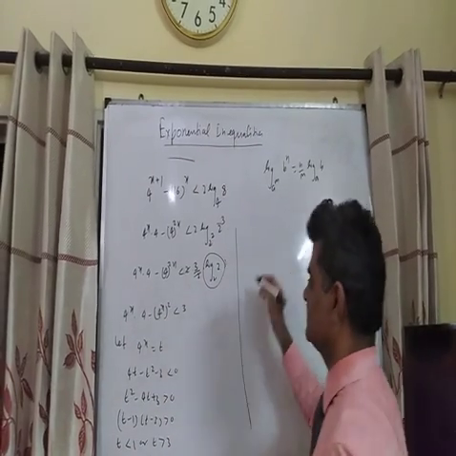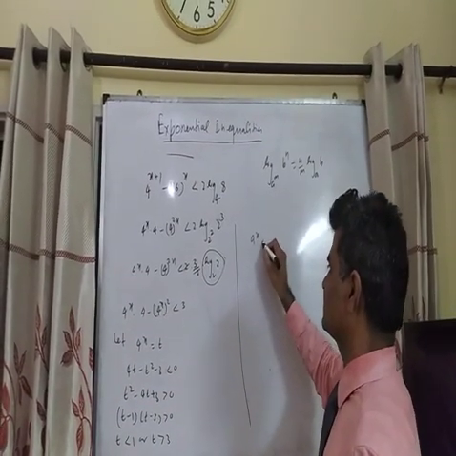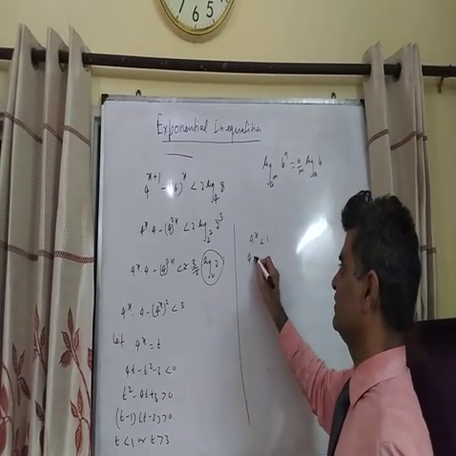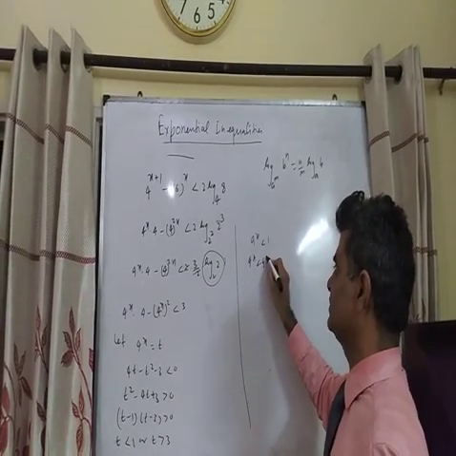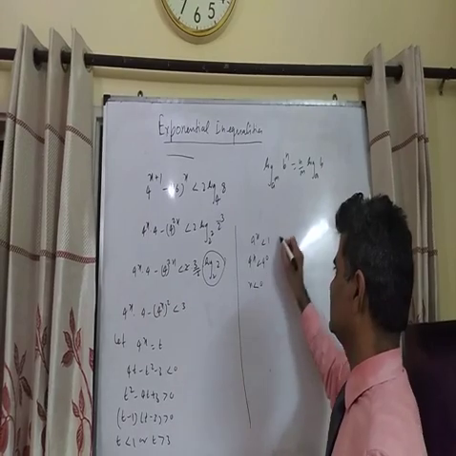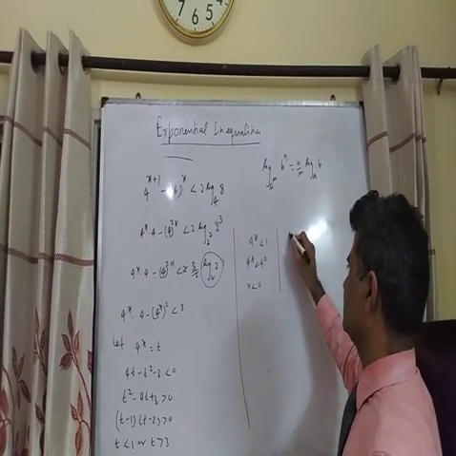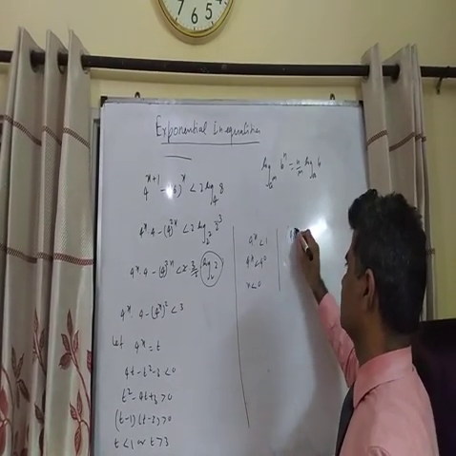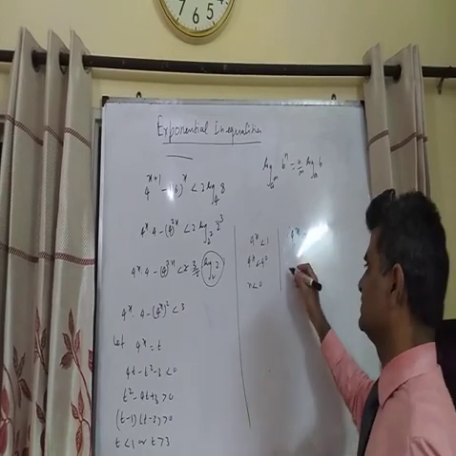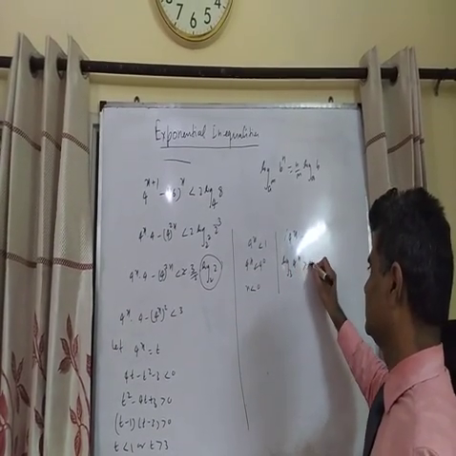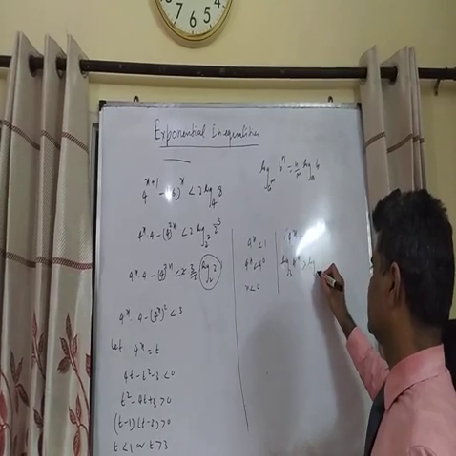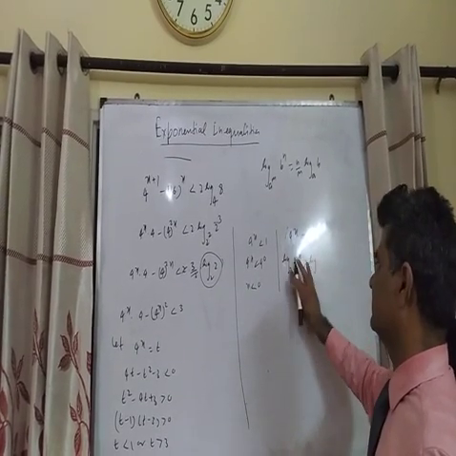So you can see 4 to the power x less than 1. It means 4 to the power x is less than 4 to the power 0. It means x is less than 0. Second case, 4 to the power x is greater than 3. So we'll take log on both sides, base 4.